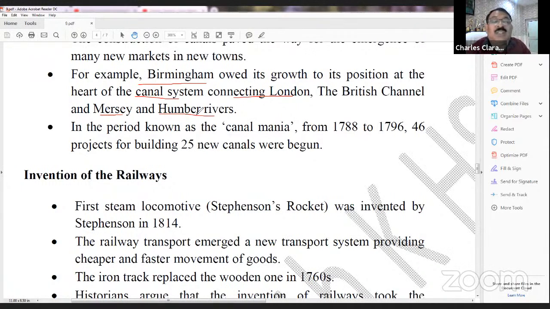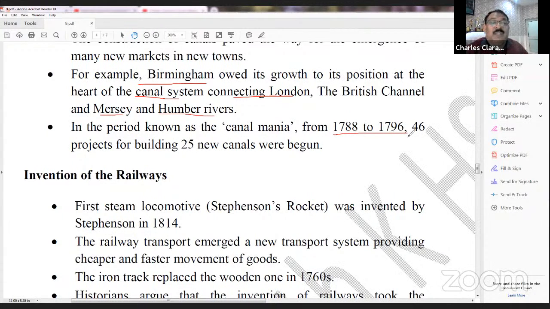In the period known as Canal Mania, people were getting crazy. Everyone wanted to build a canal. From 1788 to 1796, after the beginning of the Industrial Revolution in 1780, that means after 8 years, people just began to start canals.